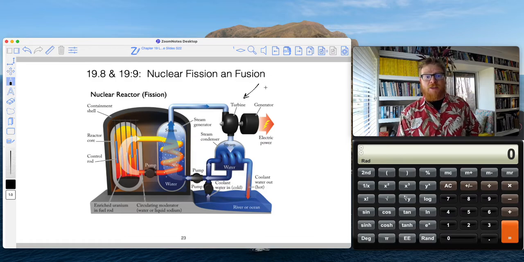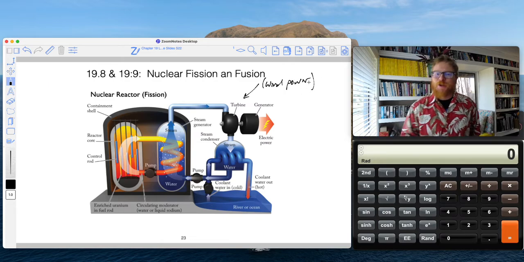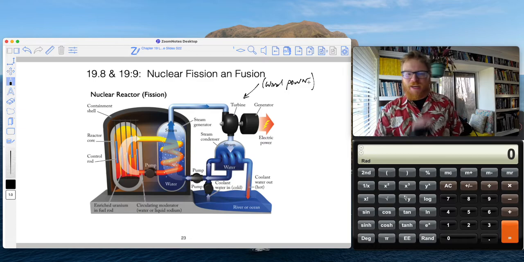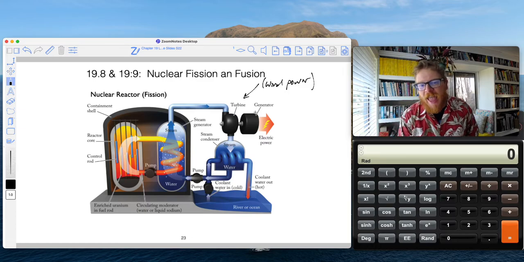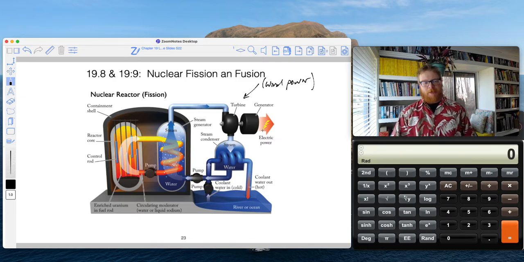I'll remind you, that's what wind power does. When you see those windmills spinning round and round, those are just big turbines that spin and generate electricity.